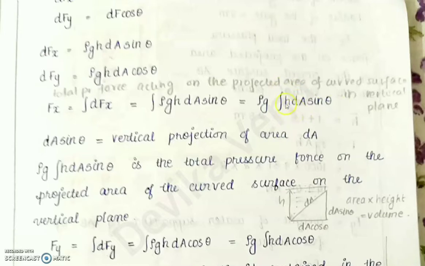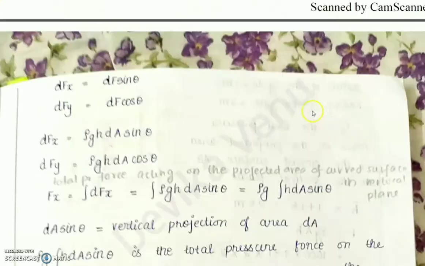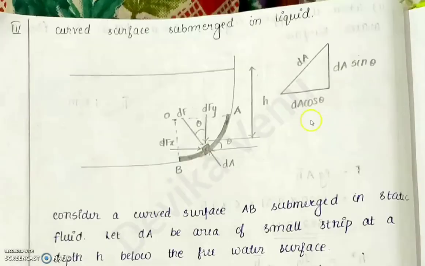Integral h dA sin theta is nothing but the first moment of the vertical projection of area. You have already seen how to resolve dA; this dA sin theta is the vertical projection of dA.